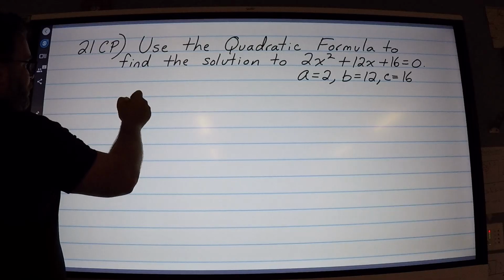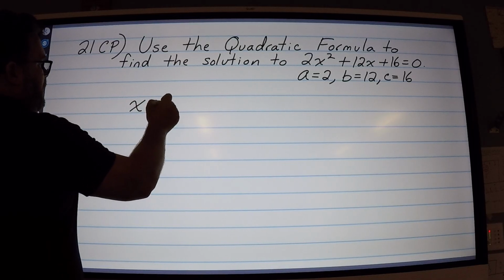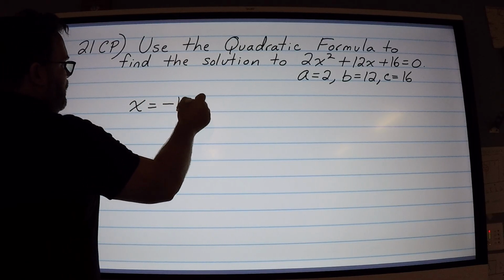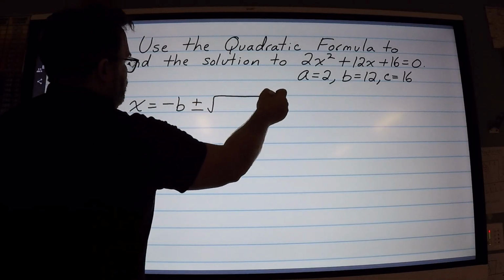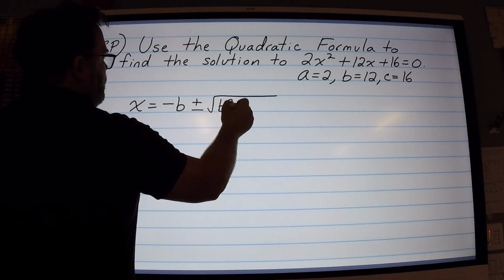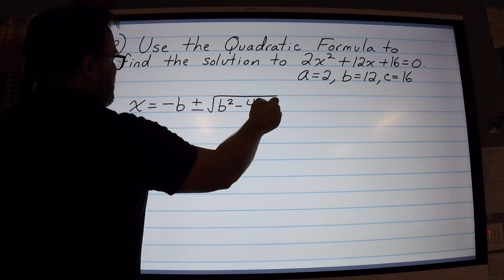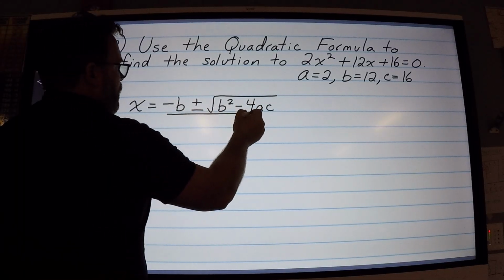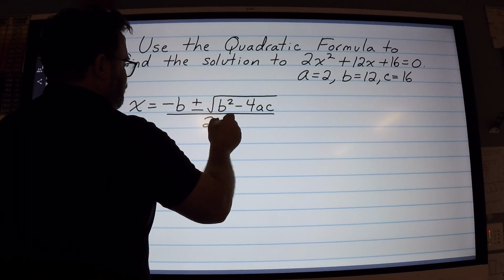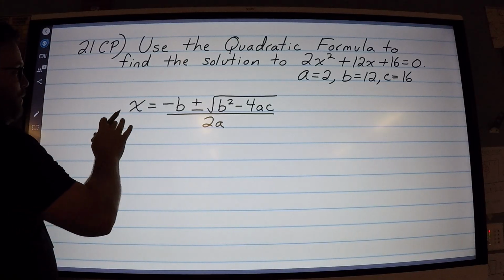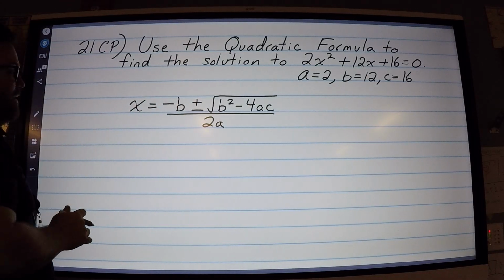Okay, so the quadratic formula is x equals negative b plus or minus the square root of b squared minus 4ac, all over 2a. So we're going to substitute in our values for a, b, and c.